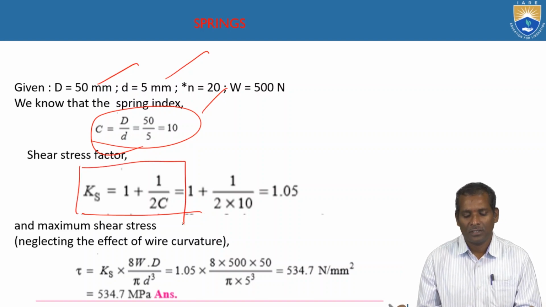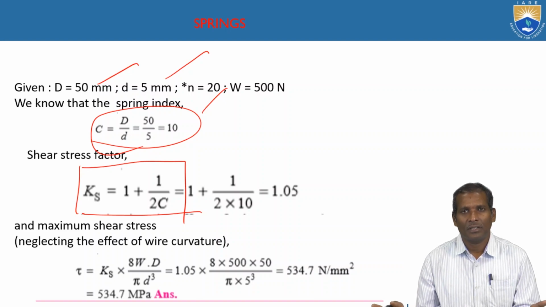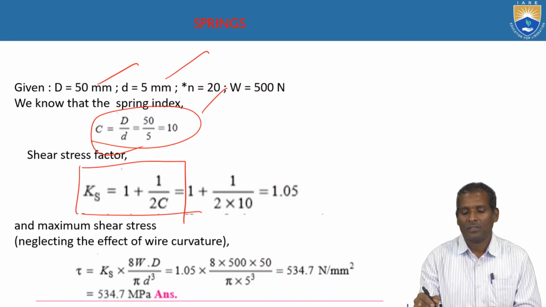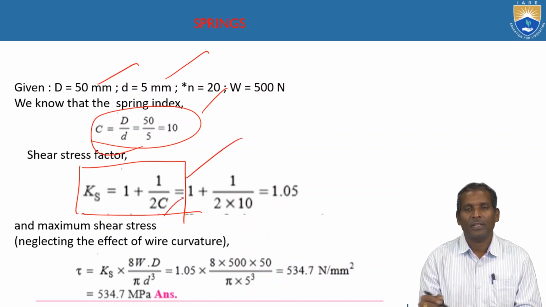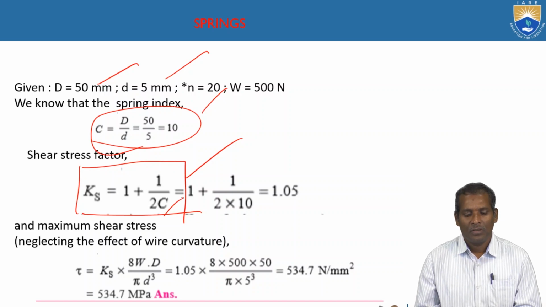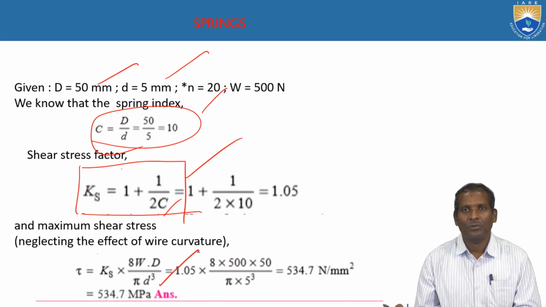Since we are not considering the curvature effect, you should use this shear stress factor, where C is the spring index. So neglecting the effect of wire curvature, calculate the shear stress directly: tau is equal to Ks into 8WD by pi d cubed.